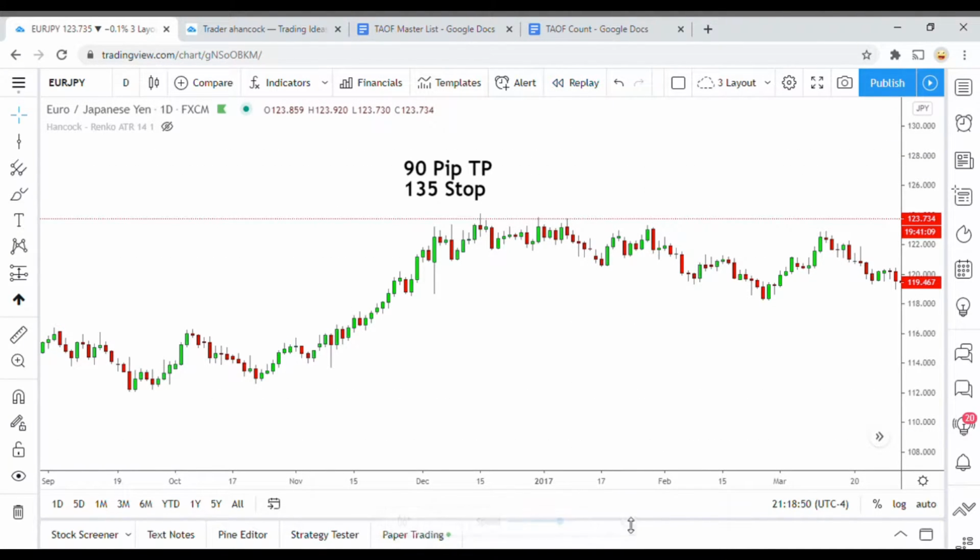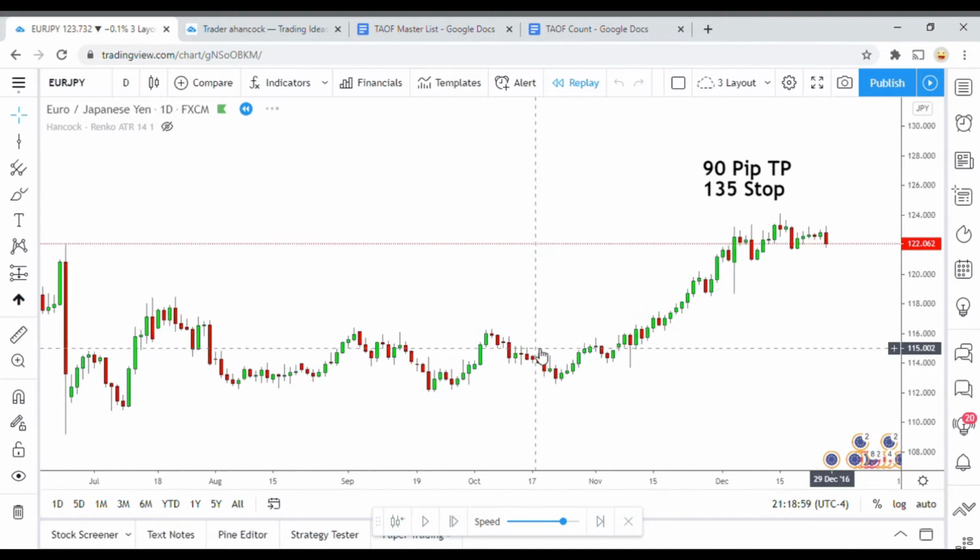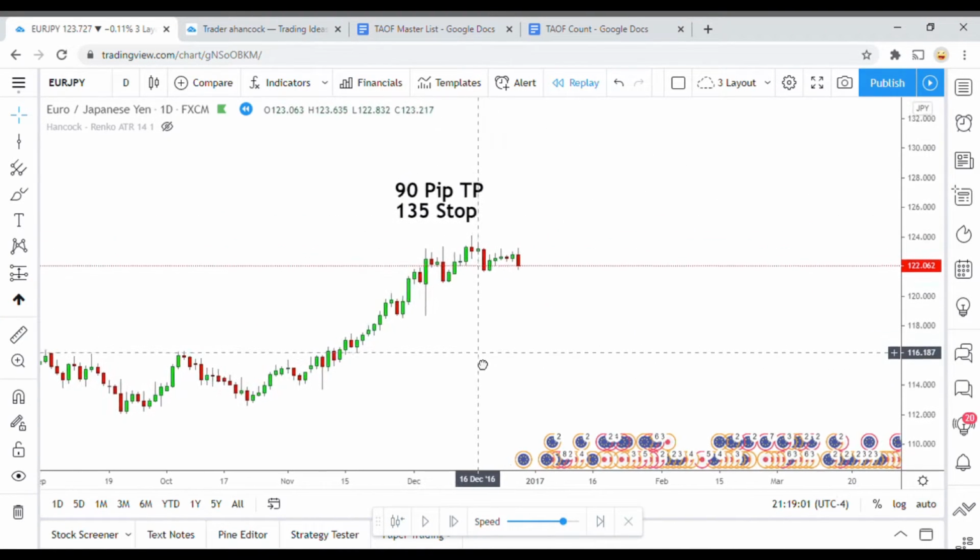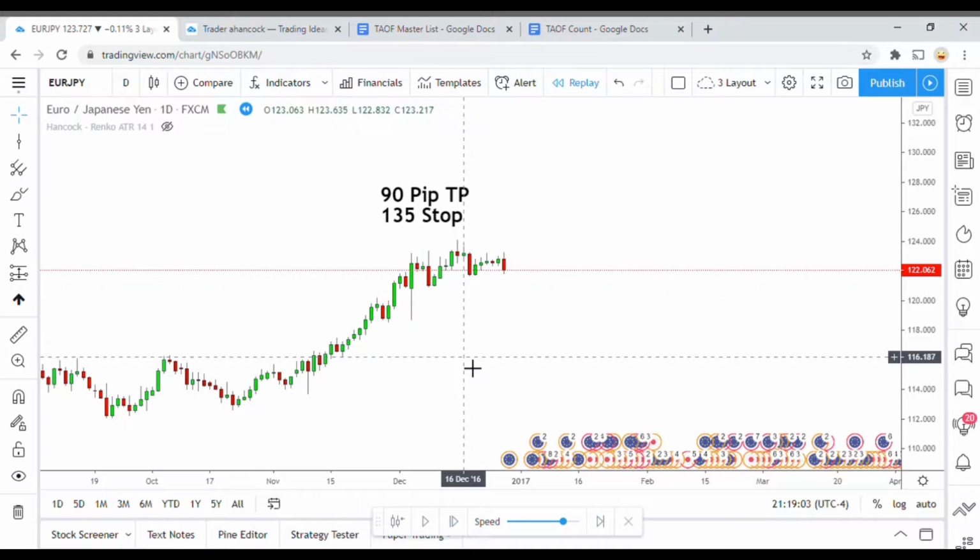Now, what we prefer to do here is to take indicators that were meant for whatever purpose and put them into the environment that we want to trade it in to see if it can be profitable.